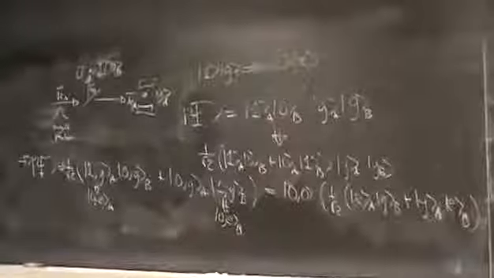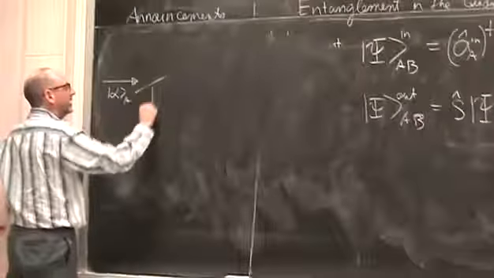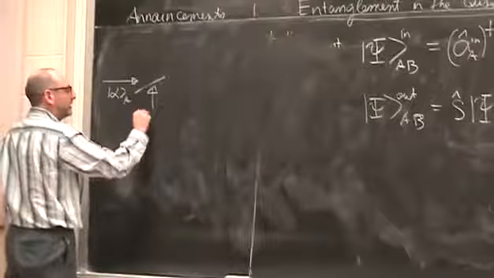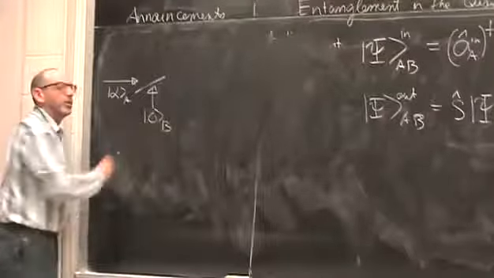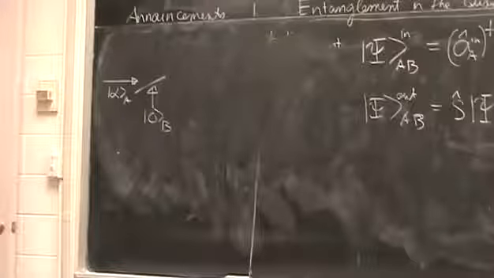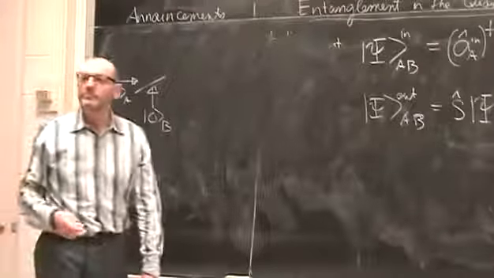So suppose that the state that went onto the beam splitter was now a coherent state in mode A, and the vacuum in mode B, as opposed to the state 1, 0.